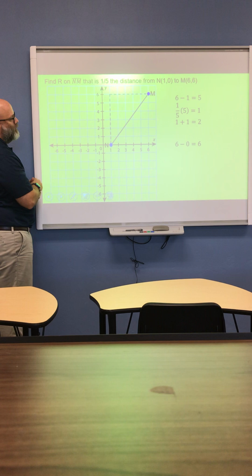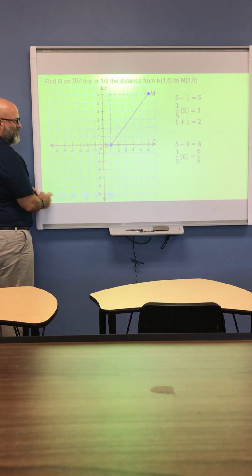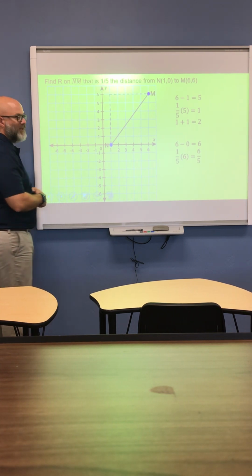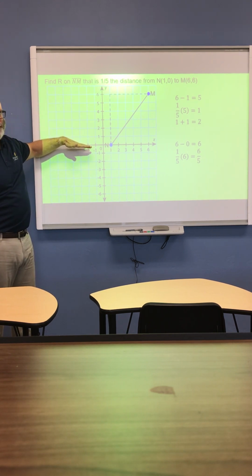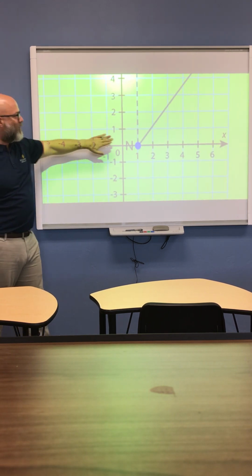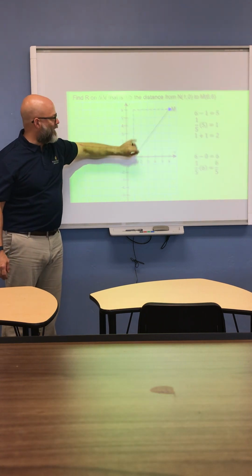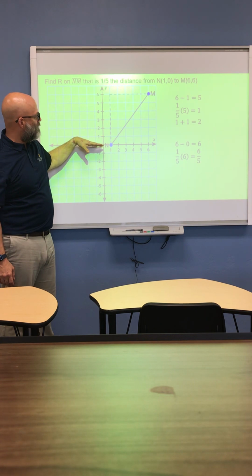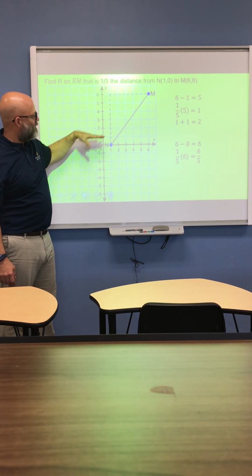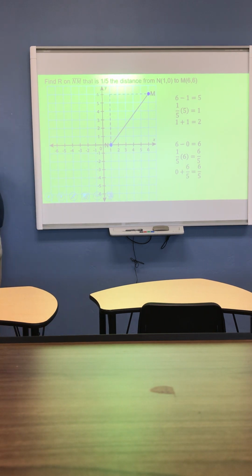And then 1/5 of 6, you multiply times 1/5, you get 6/5. I need a starting point. What is my starting y value? Is it 6 or is it 0? It's 0 because I'm moving from N all the way up to M. So I start with y equals 0 right there, add 6/5, and that gets me to 6/5.